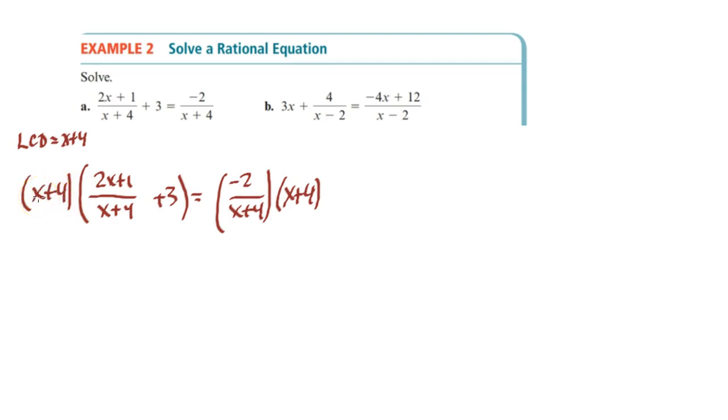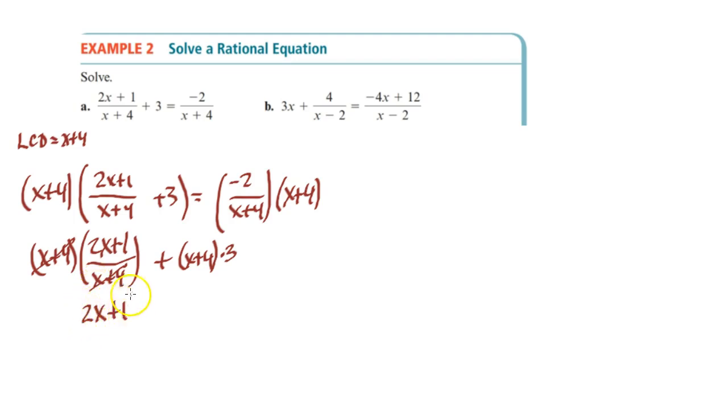So in this case, when we distribute the x plus 4 to the first term, which is this fraction here, we have x plus 4 times 2x plus 1 divided by x plus 4, and then we distribute it to the next term, x plus 4 times 3. We notice the x plus 4 cancels out with the x plus 4, and that's something you'll always notice. This results in 2x plus 1.